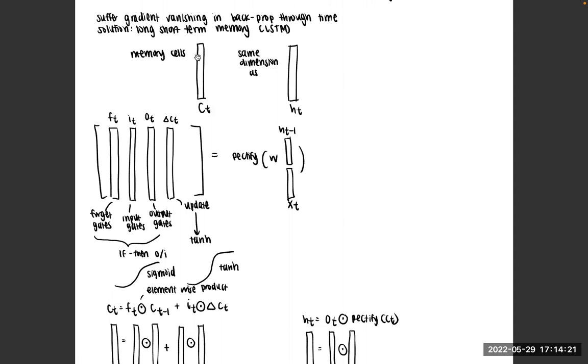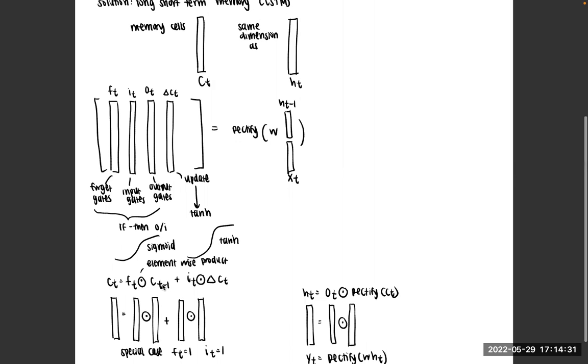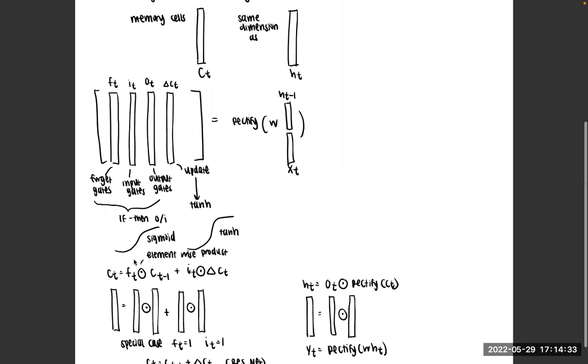After we compute those things, we then update the memory cell. This memory cell is supposed to keep the past memory, but we also need to absorb what's happening right now, right? This is modeled by this equation. CT, the vector of memory cells, is FT times CT minus 1, where CT minus 1 is the memory cell at the previous time step, plus IT, the input gate, times delta CT, the update, how much we want to update.